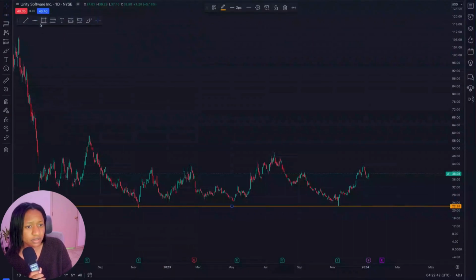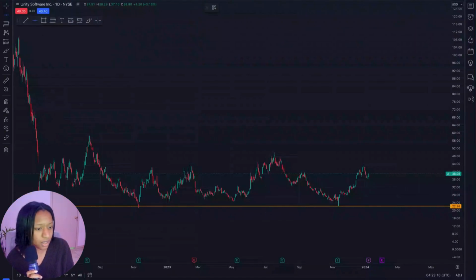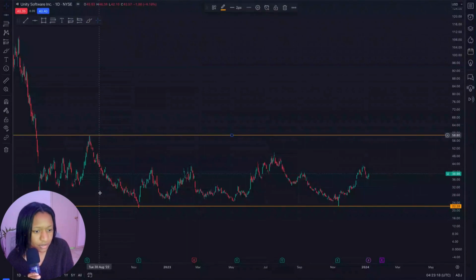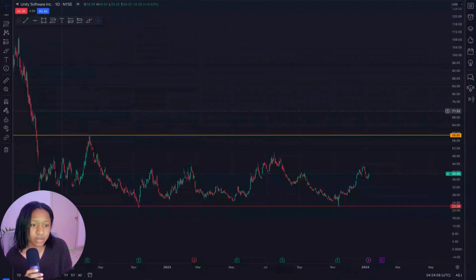And then the highest point. So now I'm going to go to the highest point from here, which is right here. So we're gonna color this red. Let me move this to the side. And then we're gonna make the highest point green.